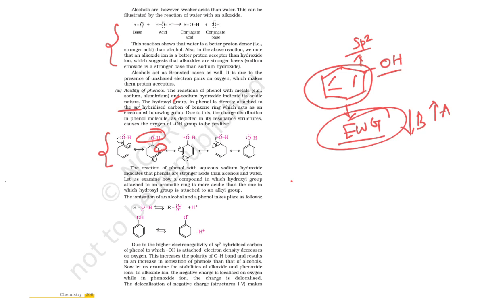The reaction of phenol with aqueous sodium hydroxide indicates that phenols are stronger acids than alcohol and water. Let us examine how a compound in which the hydroxyl group is attached to an aromatic ring is more acidic than one in which it is attached with an alkyl group. If the OH is attached to an sp2 hybridized carbon, then in a normal alcohol it is attached to an sp3 hybridized one.